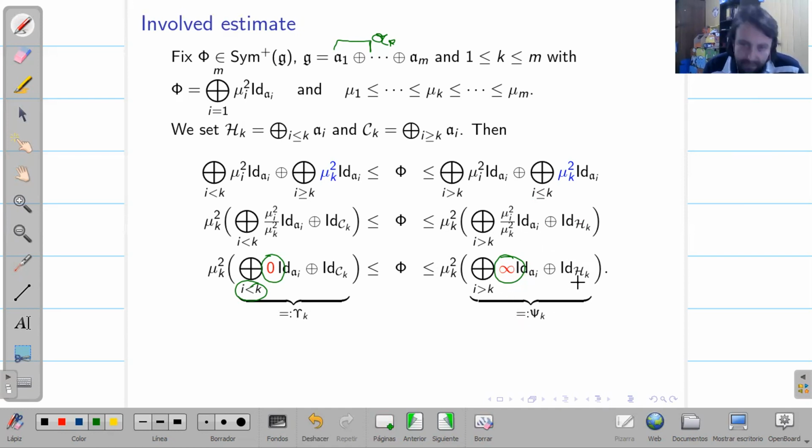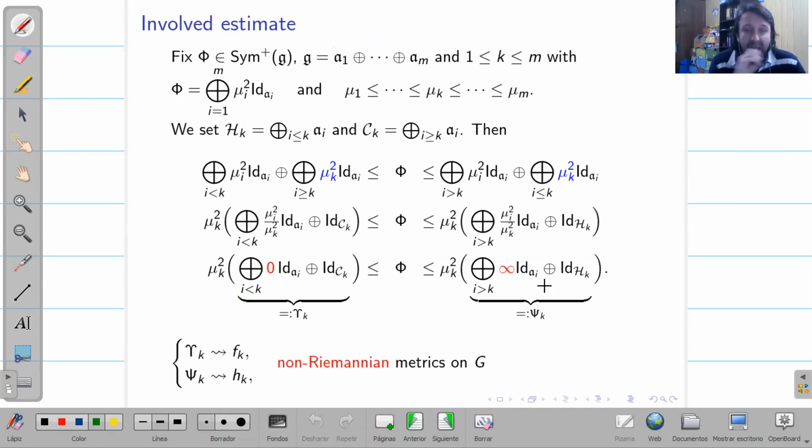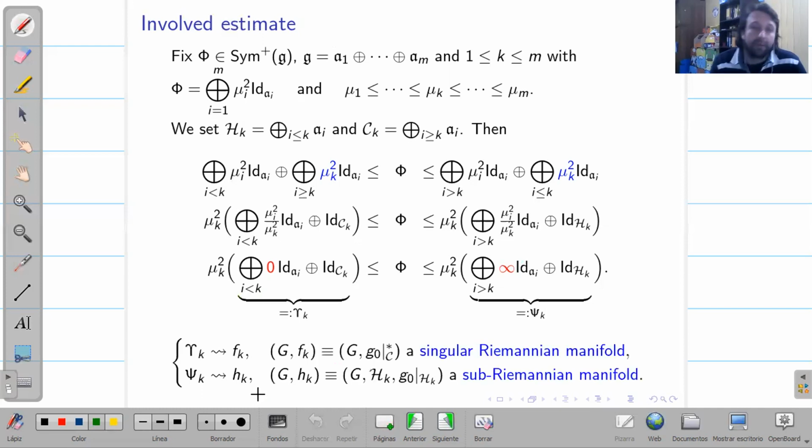And please think of this as a bilinear form, right? CK. The idea is that these two bilinear forms are not inner products; they correspond to non-Riemannian metrics. Well, let's start with this one, which is simpler in my opinion.